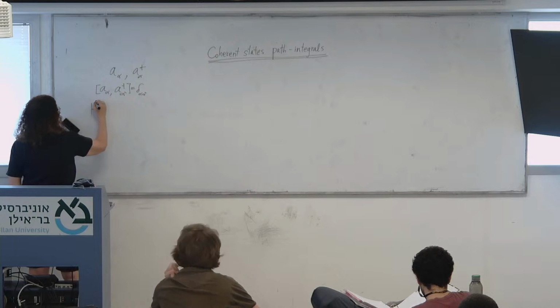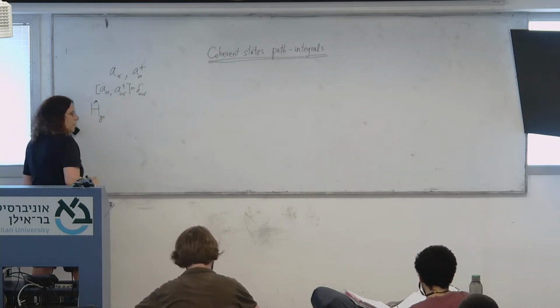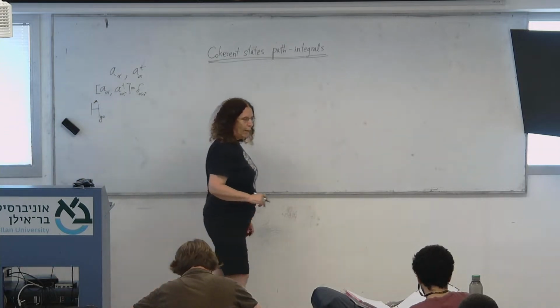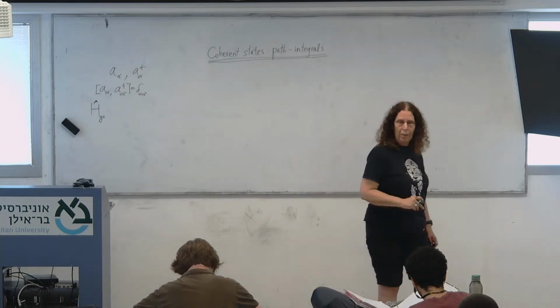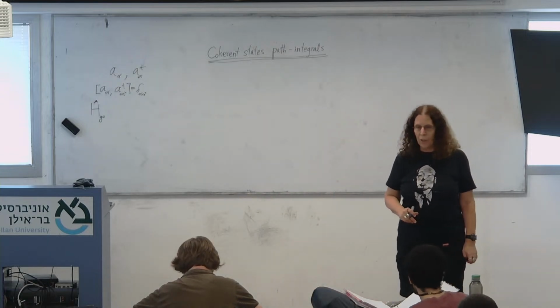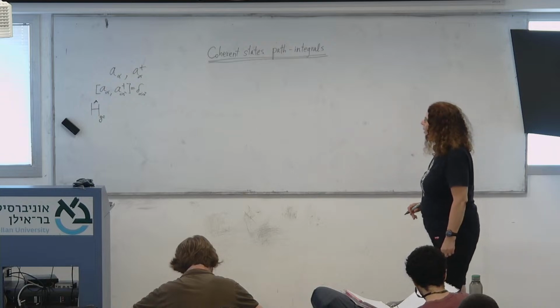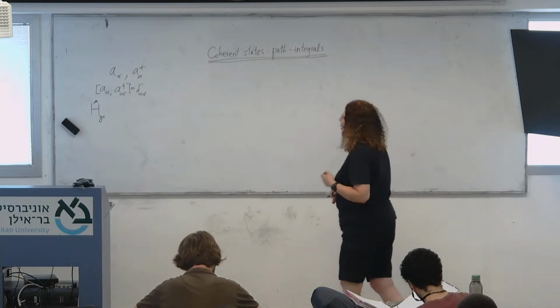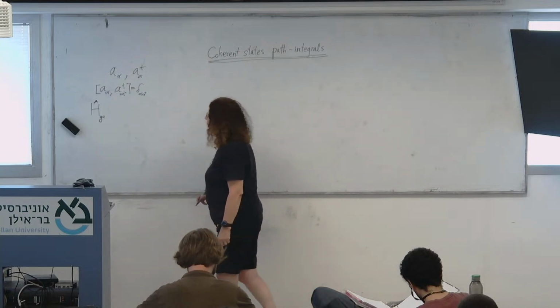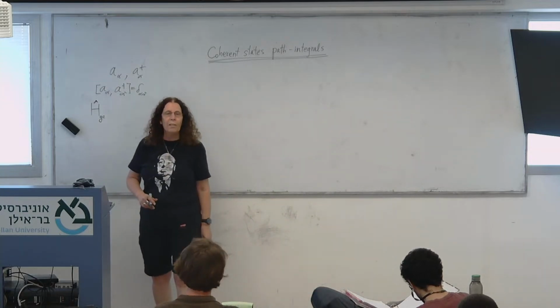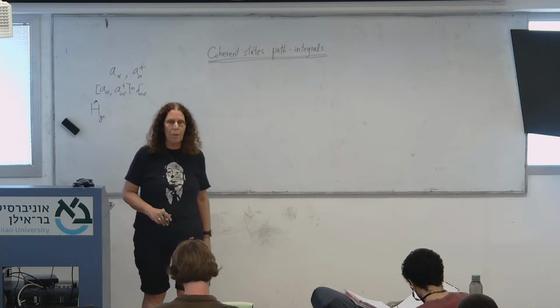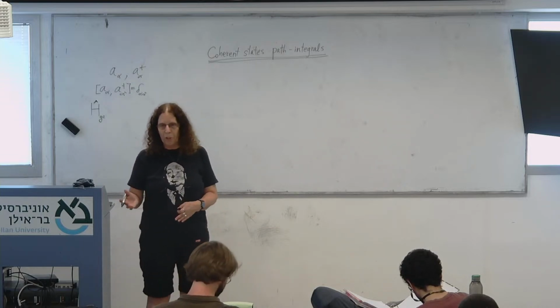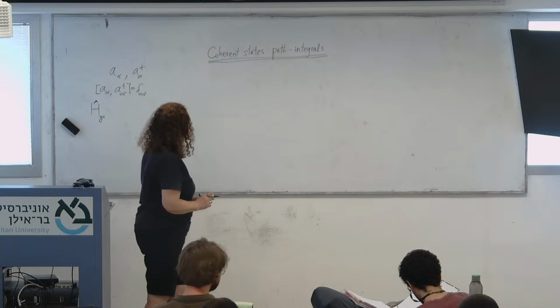For the purpose of this class, the quantity that we want to calculate is a partition function describing the statistical mechanics of this many-body problem, where we are assuming that we are in the grand canonical ensemble. So there is a fixed temperature and a fixed chemical potential.